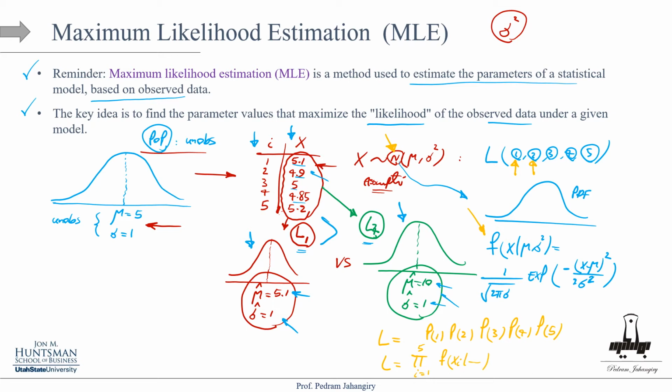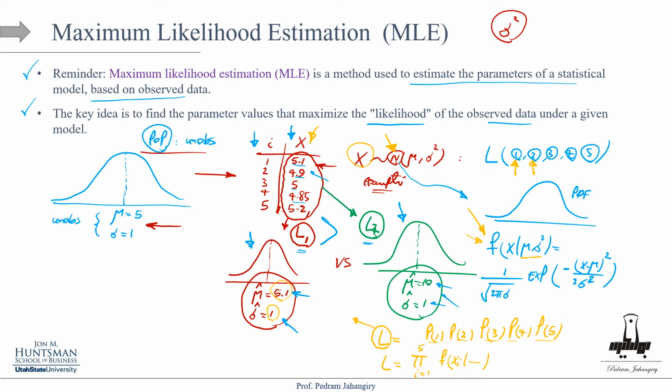So basically, because I made an assumption about this distribution, we said normal, I could come up with a formula for the density function. And if I multiply those probabilities into each other, it's going to give me the likelihood of observing these x's under the values for the parameters. The values for parameters are mu and sigma. Now I can use this formula, plug in these numbers and see which one is going to give me the higher likelihood, right?